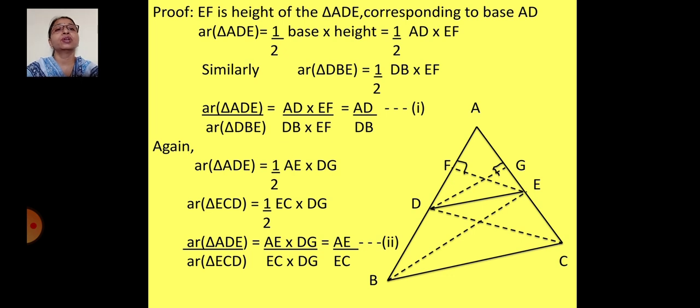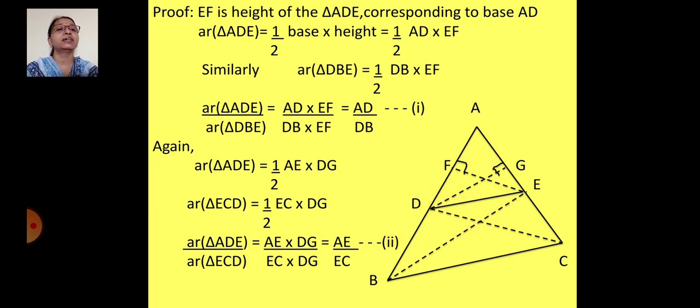So therefore area of triangle ADE is half into base into height, that is equal to half. Base is AD and height is EF, right? Now come to the down triangle DBE, this triangle.